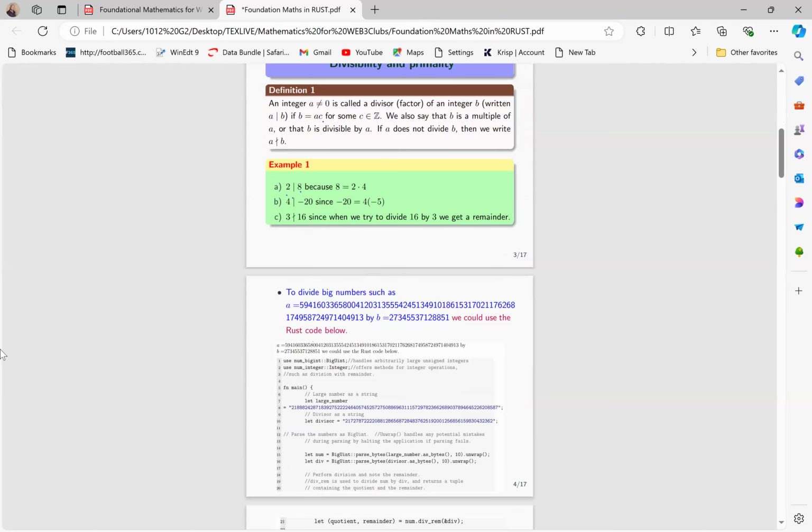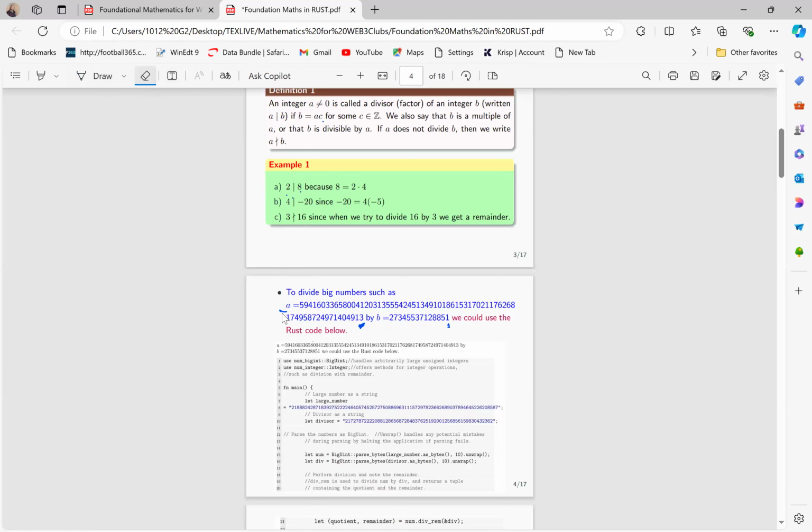I don't know whether you can see this code or whether it's too small, but the number that I have is A here. It's a very long number up to this point. And we want to divide that by a B. So we can use Rust code, and that's what I want to look at. I'll show you the code here, then we'll run it and see whether it can do division for bigger numbers.